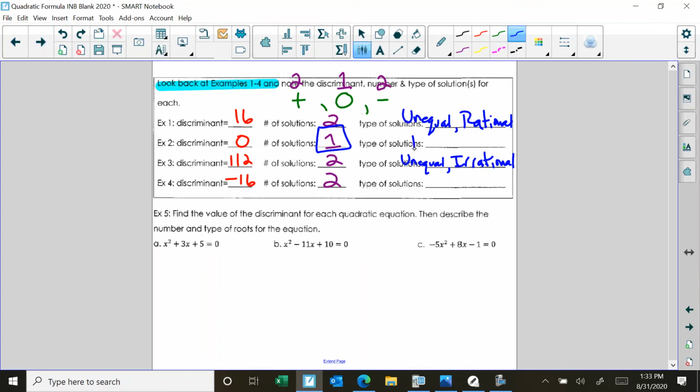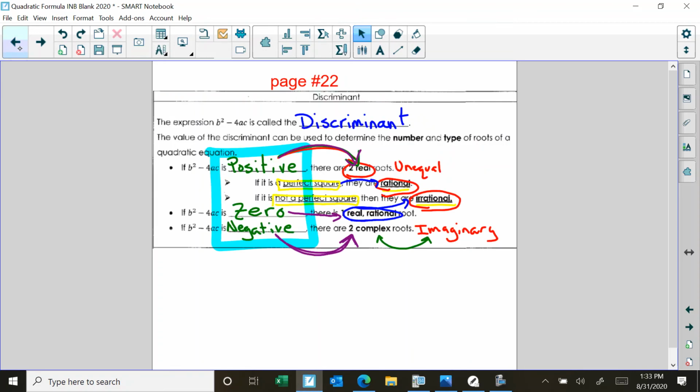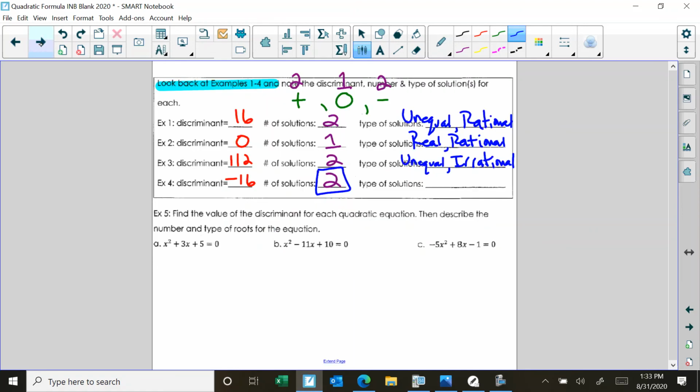So this would be real and rational. And our last example is a negative, therefore had 2 solutions, and based on the chart, the negative has 2 imaginary answers. So we can come back here and just say that they are imaginary.